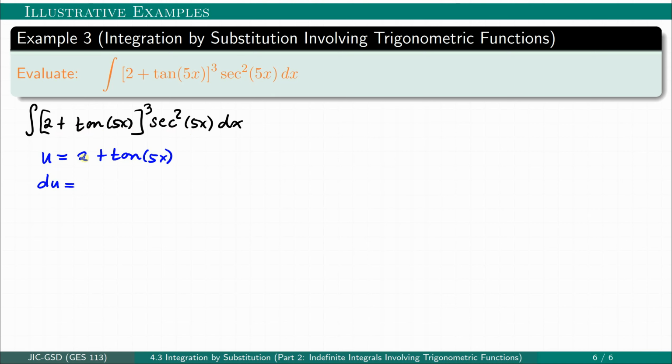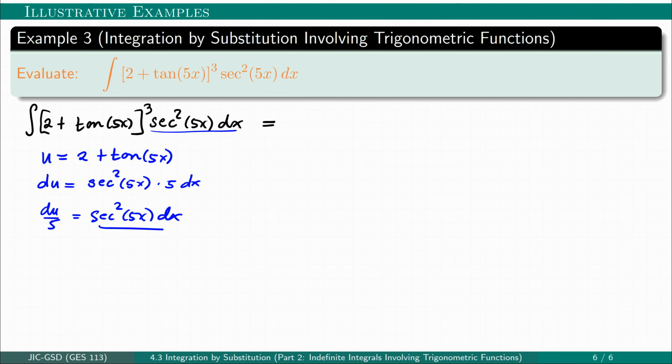The derivative of 2 is 0. The derivative of tangent will give us secant squared 5x. But we still have to apply the chain rule, multiply by the derivative of the angle, 5x. So the derivative of 5x is 5, and we have to write dx. But we do not need 5 here, so we just divide by 5 both sides. So this will be secant squared 5x dx, which is actually what we need.